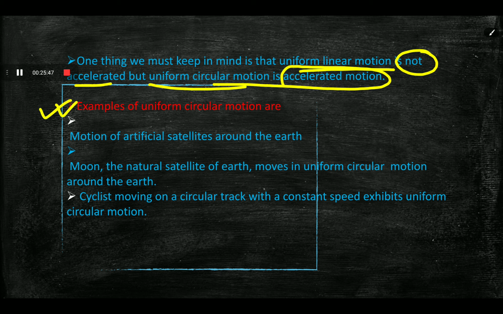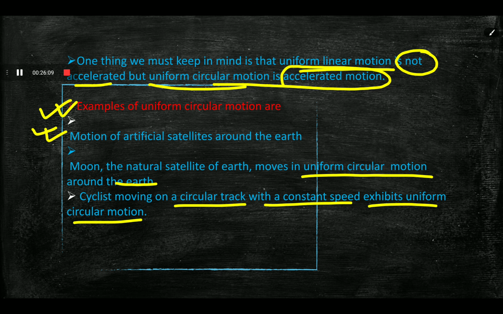Now some examples of uniform circular motion are: first, the motion of an artificial satellite around the earth. Second, the moon. We know that the moon is the natural satellite of the earth that moves in a uniform circular motion around the earth. Cyclists moving on a circular track with a constant speed exhibit uniform circular motion.